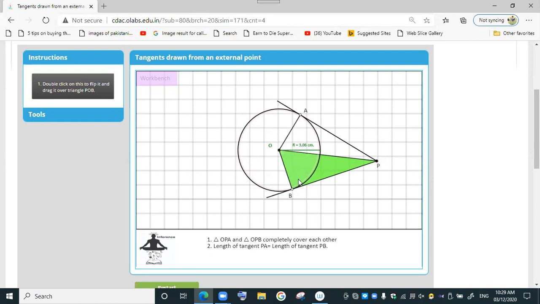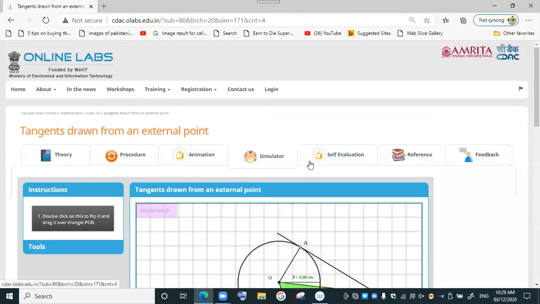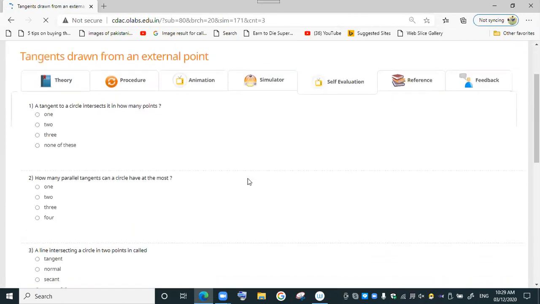Therefore, AOB will just completely cover OPB, so that the tangent PA will be equal to PB. This is proved. Okay. So that's all. So self evaluation, we can do it.